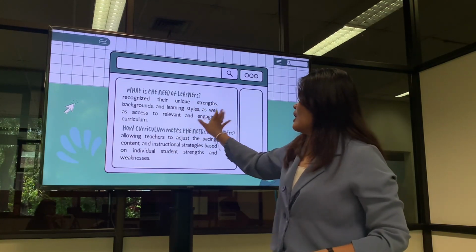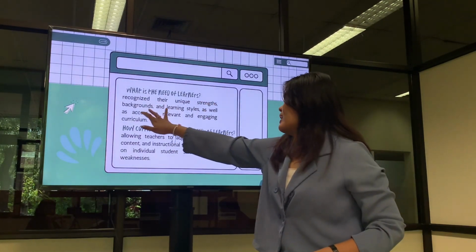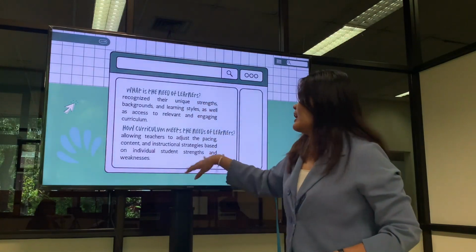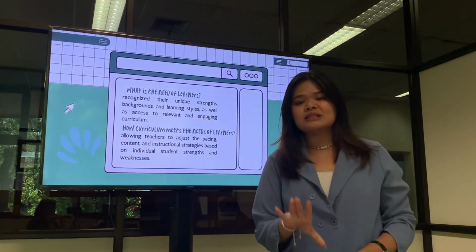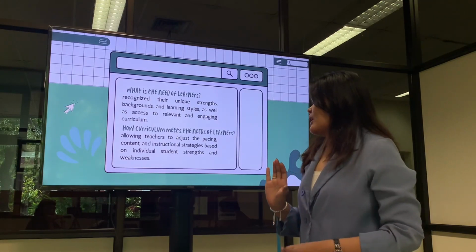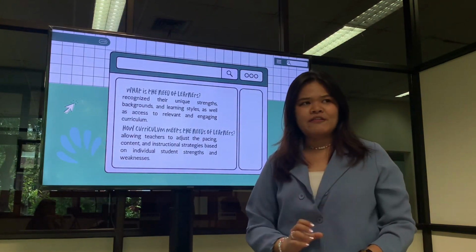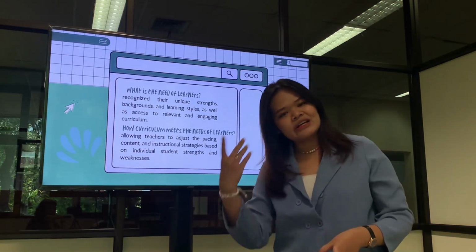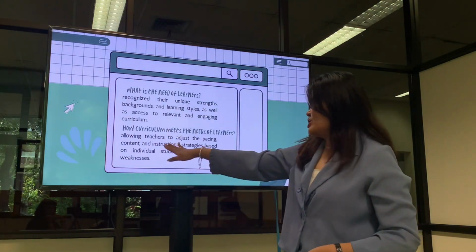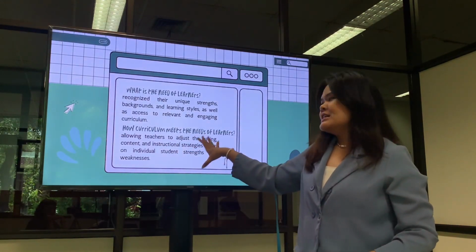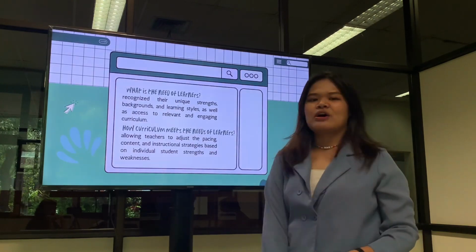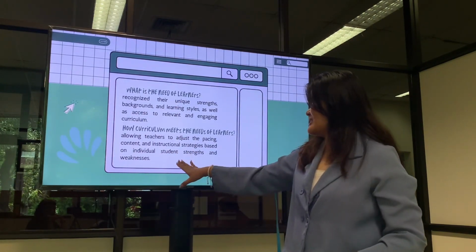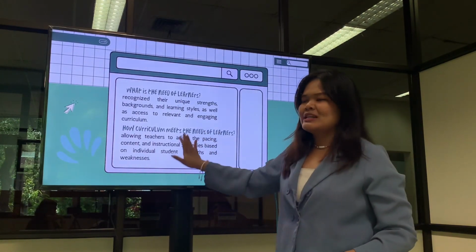So basically it is about strengths, background, and learning styles. And how can curriculum meet the needs of learners? Curriculum can meet the needs of learners when it allows teachers to adjust the pacing, the content, and the instructional strategies based on the individual students' strengths and weaknesses.